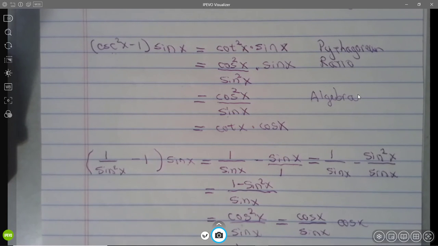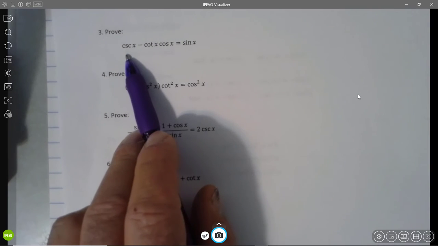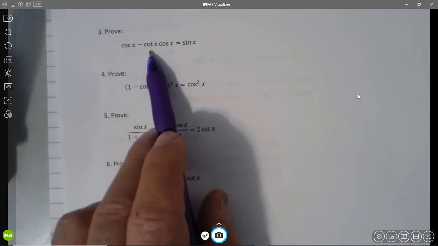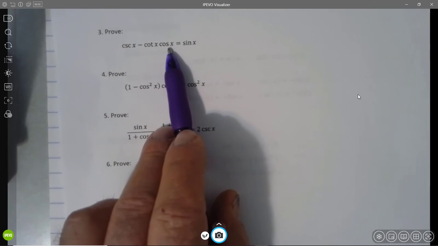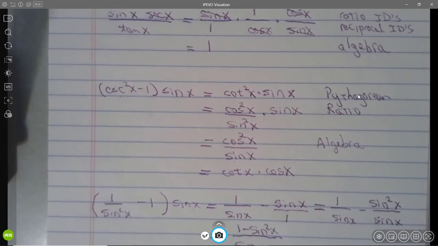Okay, let's take the third one, and then I will continue the rest of these on the next video. So the third one, we're supposed to prove that the cosecant of x minus cotangent of x times cosine of x is the same as the sine of x. So let's copy that out.